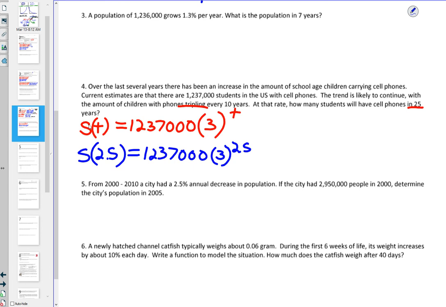And we get that the amount of students in 25 years with a cell phone is going to be 19,829,000. Wait, no, sorry, I wrote that wrong. 19,282,921. Facts.